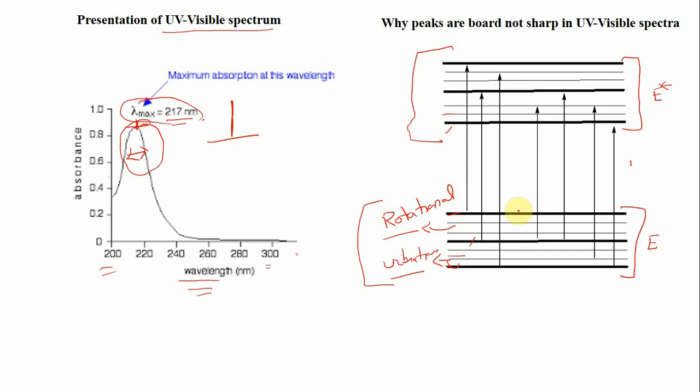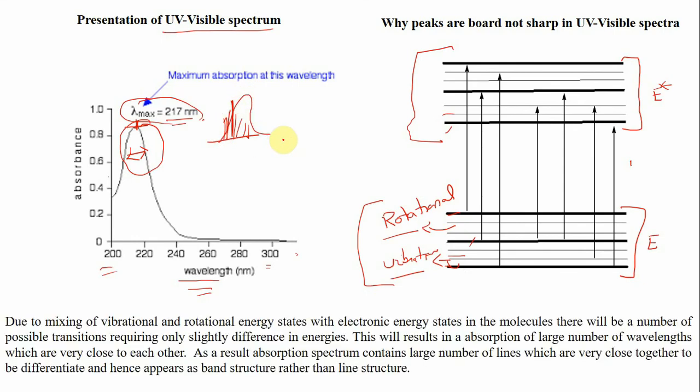Due to this intermixing of transitions, it gives a large number of lines, or energies, which are very closely separated. And due to this large number of very closely separated lines, it appears as a band structure, not as a sharp peak. So due to the intermixing of vibrational and rotational energy states with electronic energy states, a large number of possible transitions take place, and these transitions differ only slightly in energy.